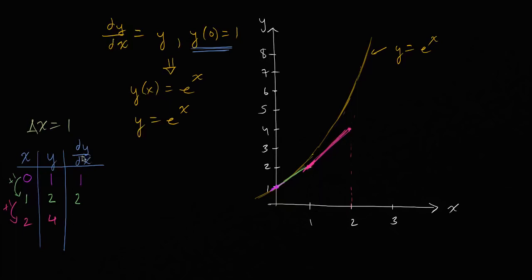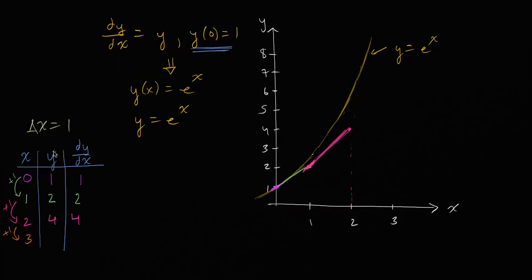Well, if we assume dy dx based on the differential equation has to be equal to y, we can say, okay, the slope of the tangent line there is going to be the same thing as y. It's going to be 4. And so if we step our x up by 1, once again, we just decided to increment by 1. We could have incremented by 10. We could have incremented by 0.01.